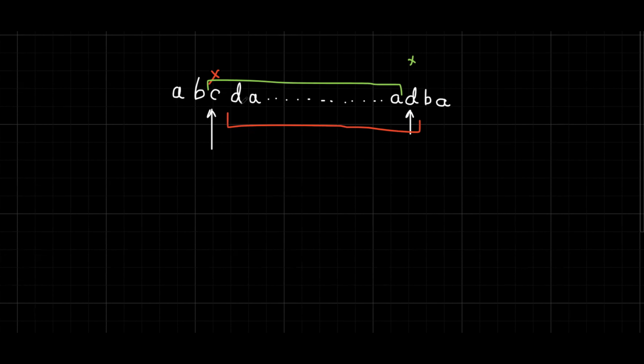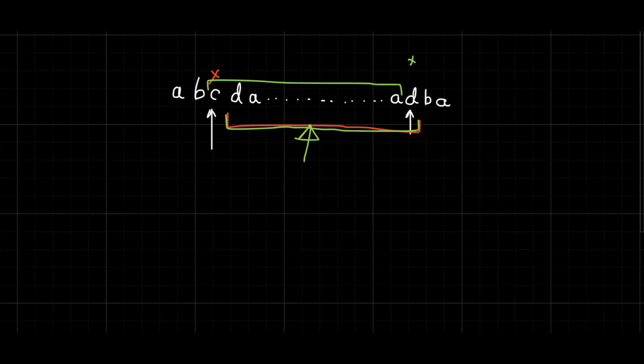Now I can summarize. In each iteration, if I find that the left pointer value is not equal to the right pointer value, that means in those positions I have two choices. Either I can discard the left pointer value or I can discard the right pointer value. If I discard the left pointer value, this portion of the string should become a palindrome.